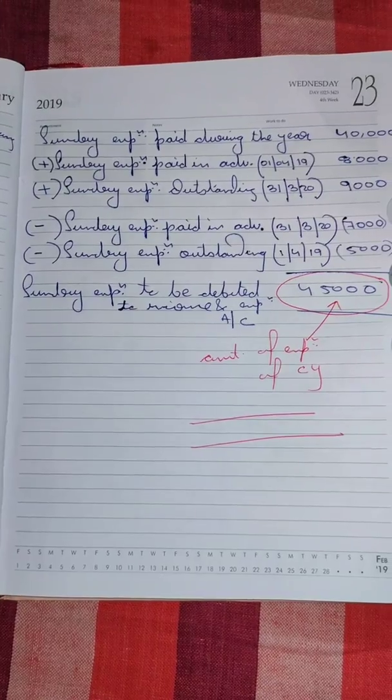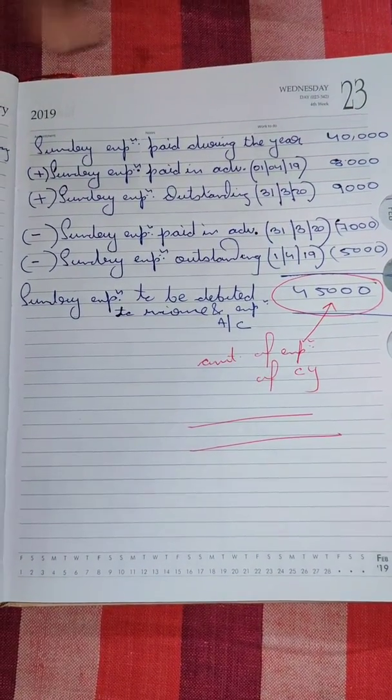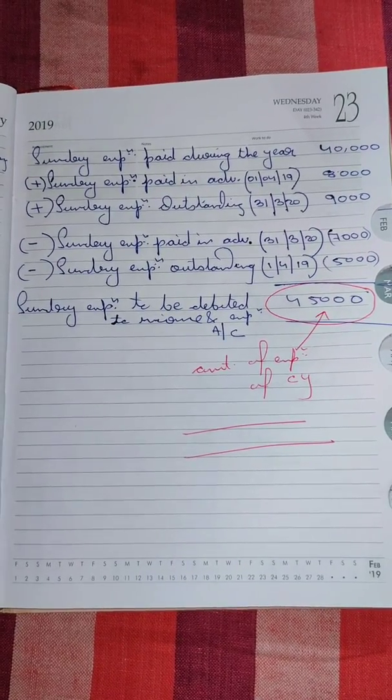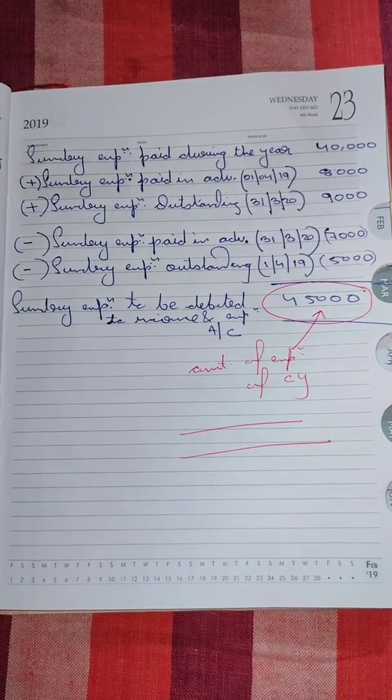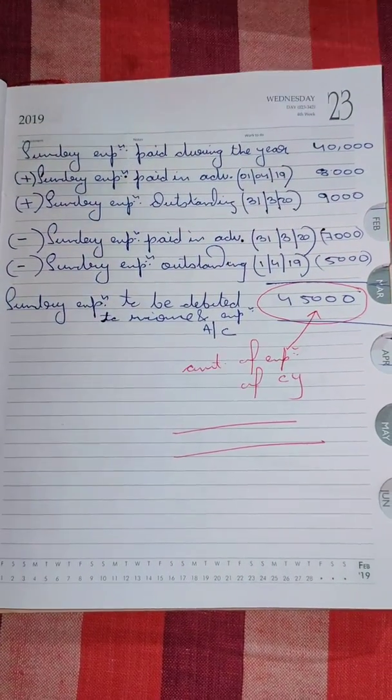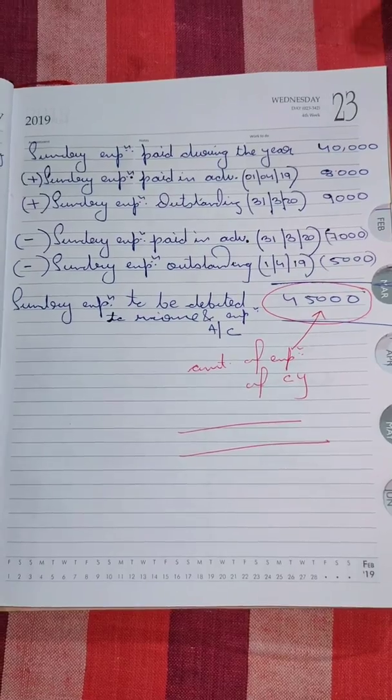That is, the amount belongs to current year, not more than that. Let's go through the answer. Is it right? So that was quite easy. You just practice this question and you will find that you are preparing all these things simultaneously without having any sort of problem.